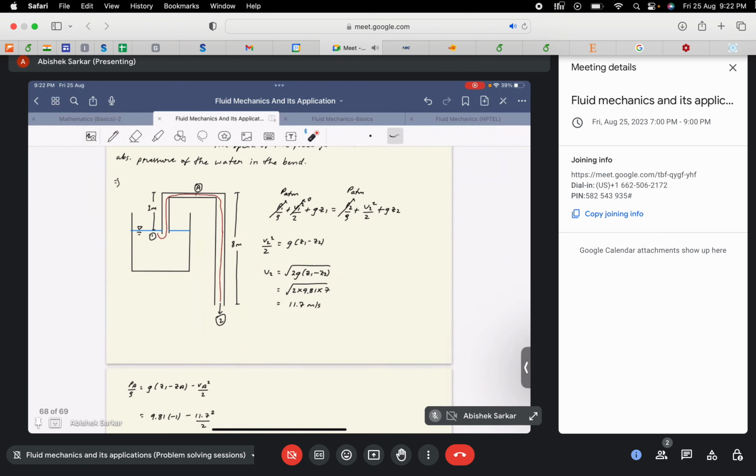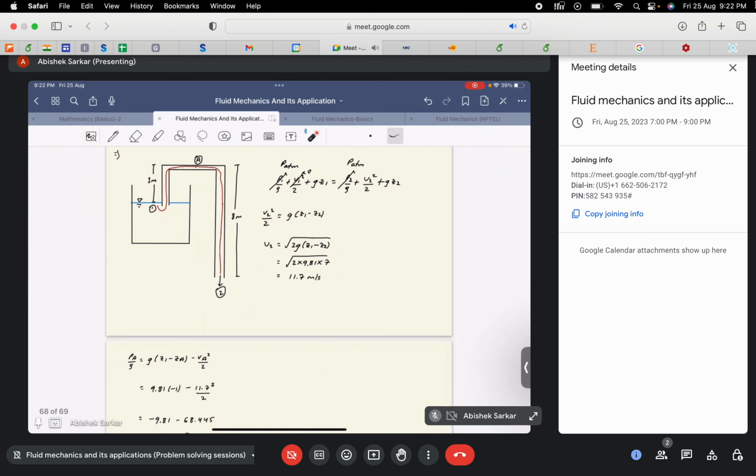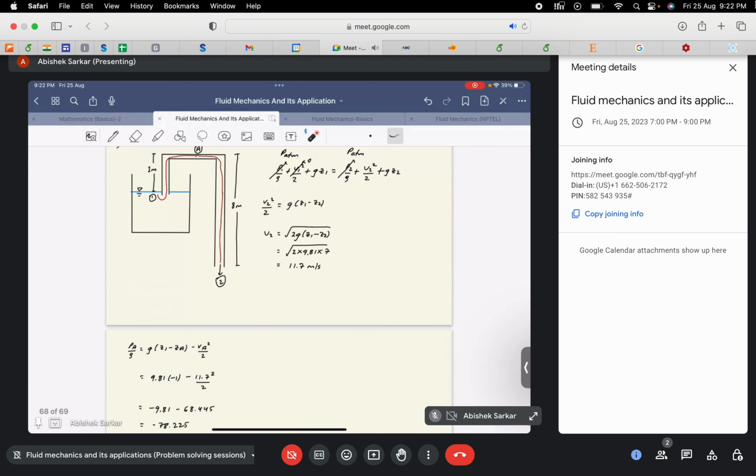To find the pressure at point A, we again apply Bernoulli's equation between point 1 and point A. After applying it, we get PA by rho is equal to g times (Z1 minus ZA) minus VA squared by 2. It is already simplified, so I don't want to go through the equation from scratch.